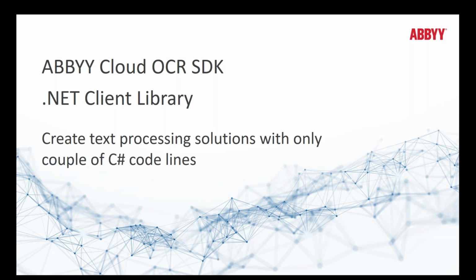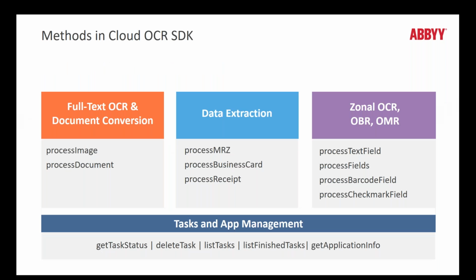This .NET Client library of the Cloud OCR SDK is available free of charge. You can download the compiled package from the NuGet repository, and the source code is available through GitHub. So if you want to modify the library, you have the source code and can work with it as well.